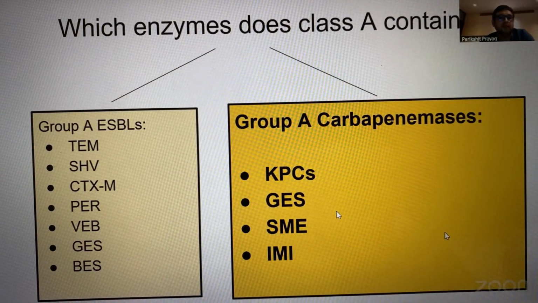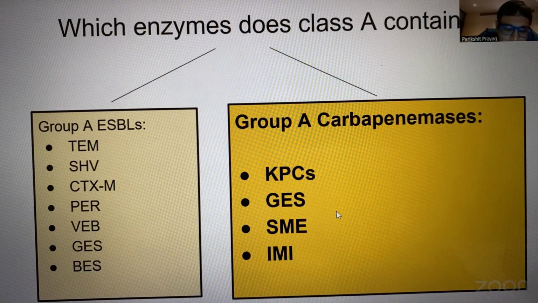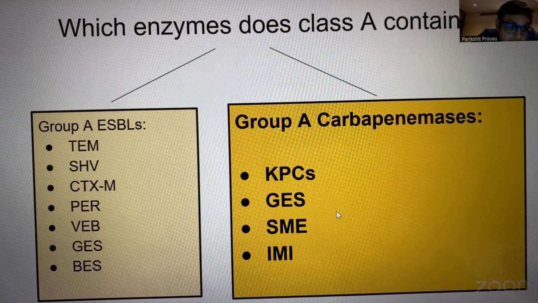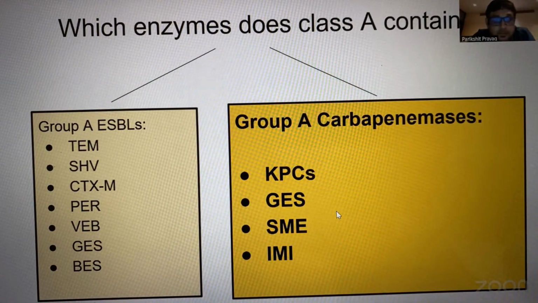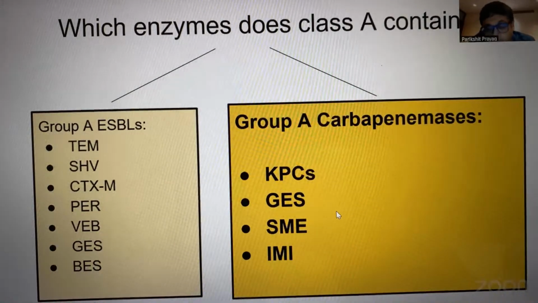Ambler's class A has many important ESBLs. You have the TEM, SHV, CTX-M, which are important ESBLs of Enterobacteriaceae. You also have PER and VEB, which are important ESBLs of Acinetobacter and Pseudomonas. But what we are going to focus on is the carbapenemases. If you look at group A or class A carbapenemases, then you have KPCs, GES, SME.